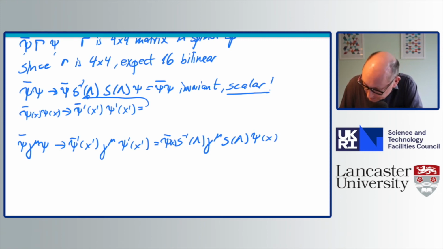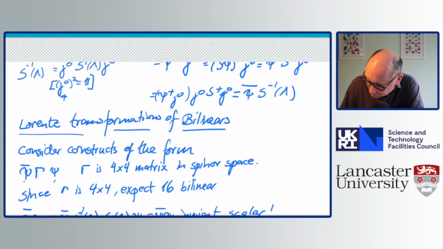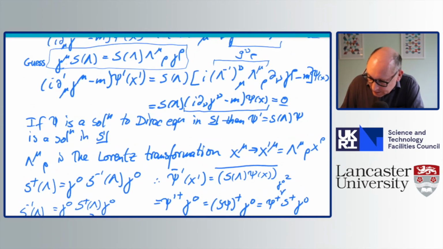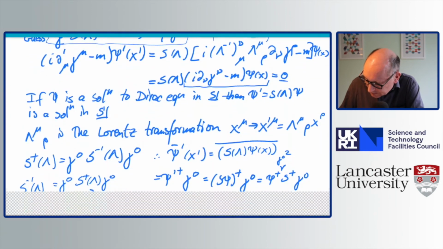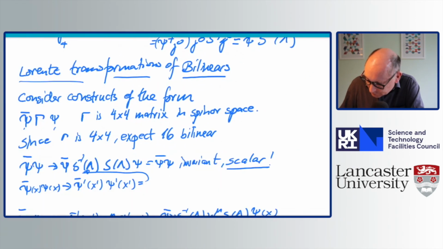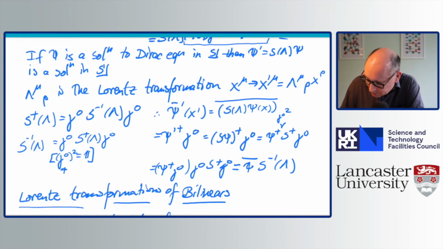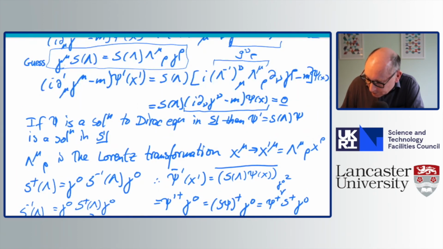But if you use the property that we just used to define this up here, then S⁻¹ γ^μ S is Λ^μ_ρ γ^ρ. Okay? So when we down here have a γ^μ S, we just replace that by S and then a Lorentz transformation and the γ^ρ.